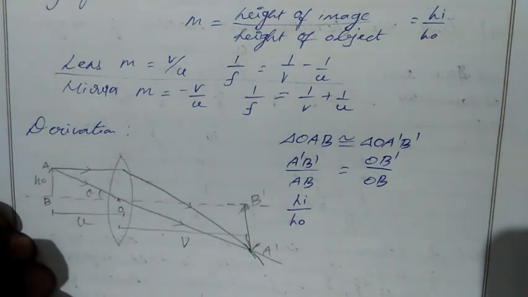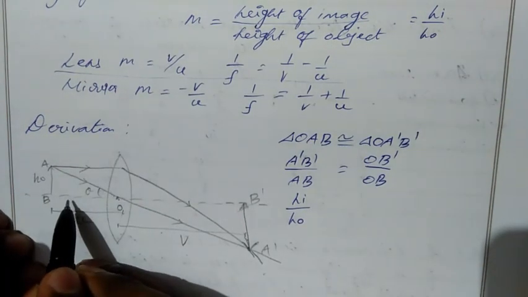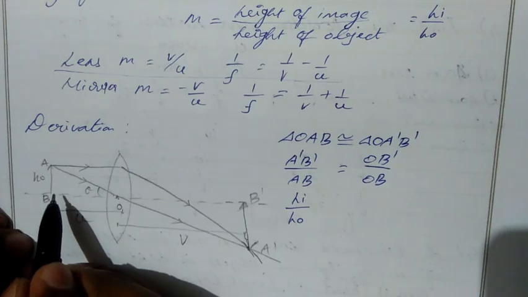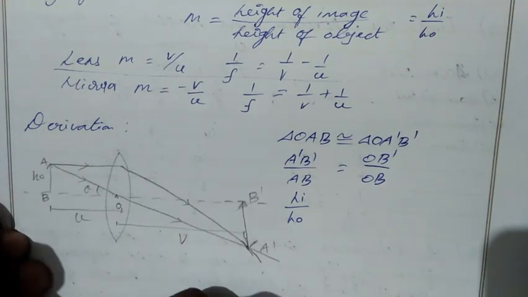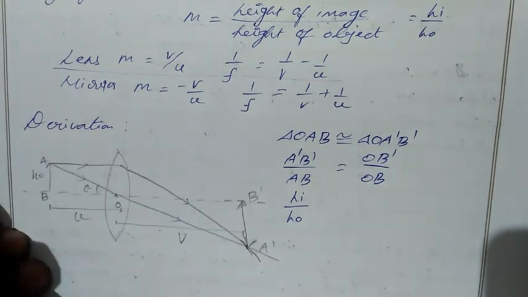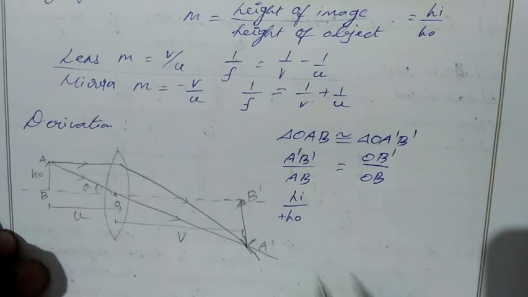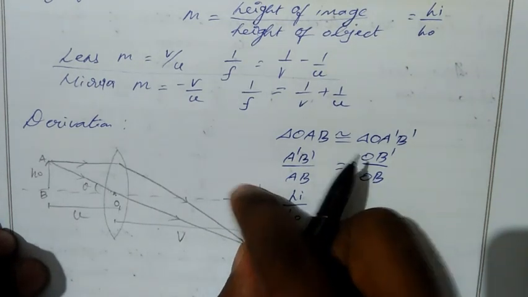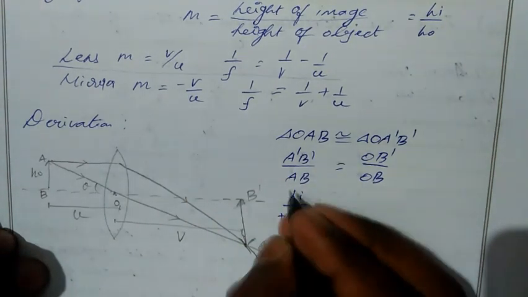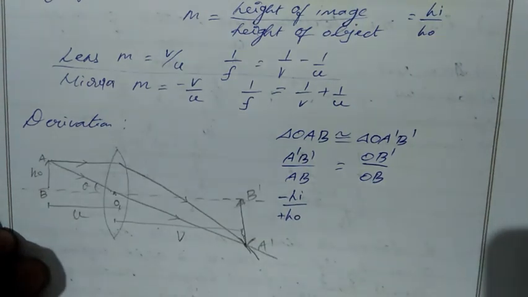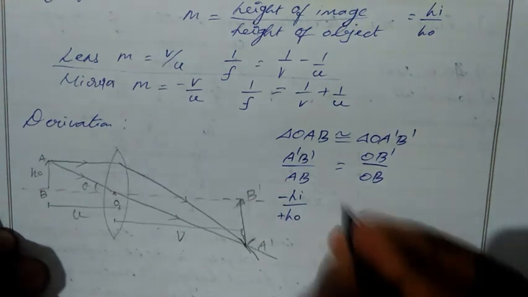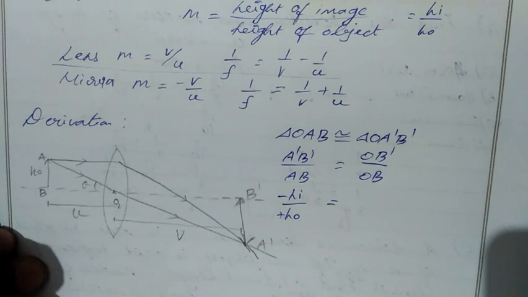What is the sign convention? If the object is placed above the principal axis, we take positive. Below the principal axis, we take negative. For height, above the principal axis we take positive. Here the object is placed above the principal axis, so we take positive. The image is placed below the principal axis, so here we take negative, equal to OB dash.